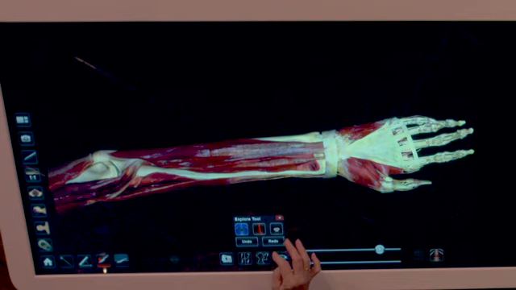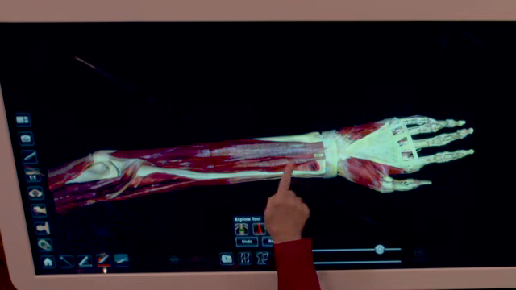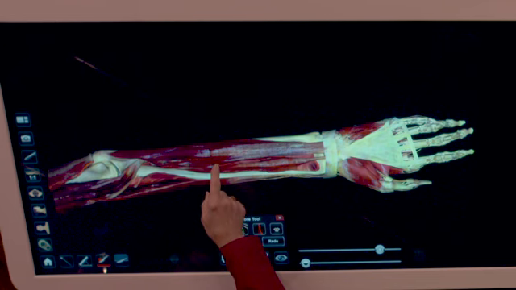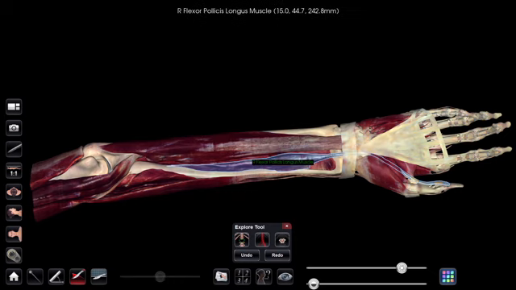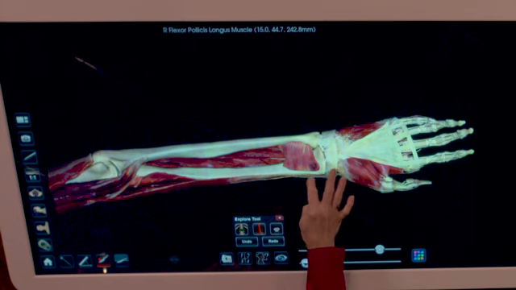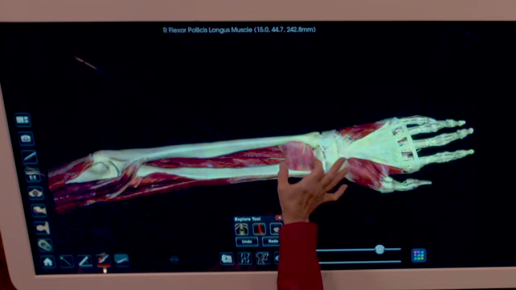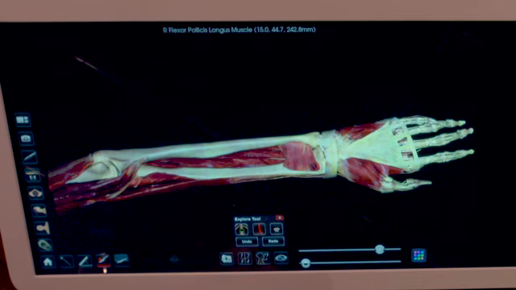Now, if we want to look at the deeper muscles, 3 muscles of the deep anterior compartment, we see flexor digitorum profundus, flexor pollicis longus to the thumb, and if we remove those, we can see the pronator quadratus, the quadrangular muscle whose counterpart is at the elbow.